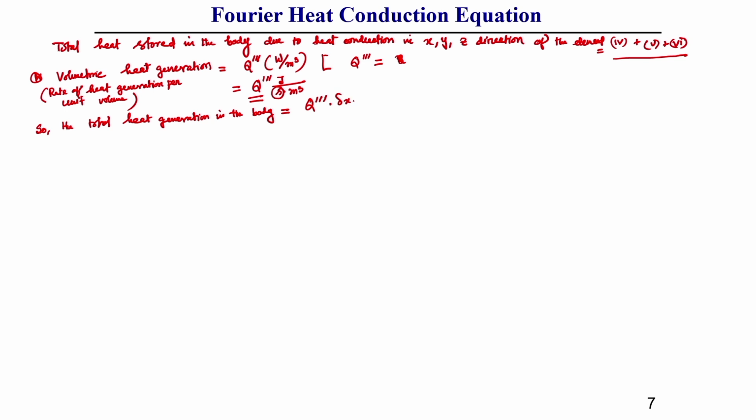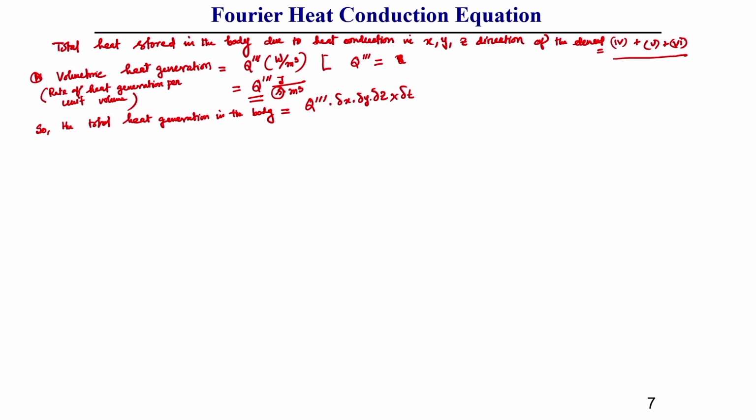The body volume is delta x delta y into delta z. And for a small time delta t, you multiply by delta t. So, this is the total heat generation in the body.